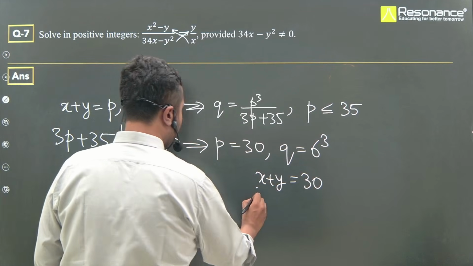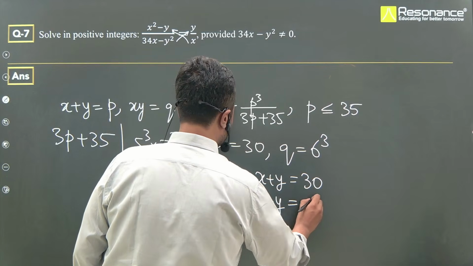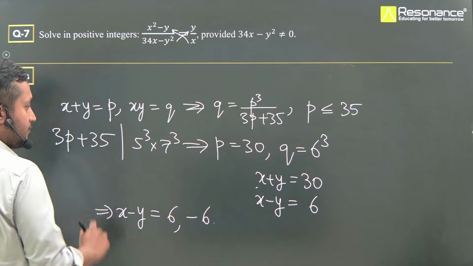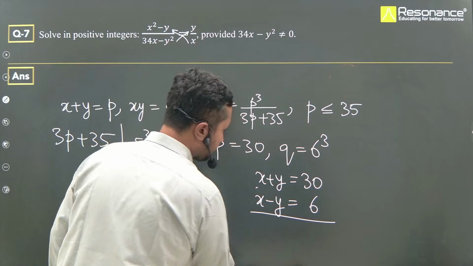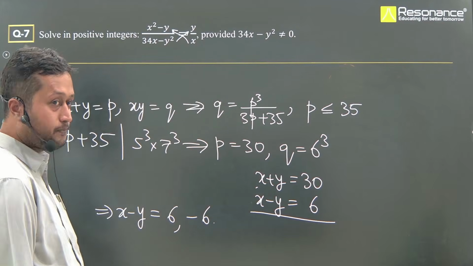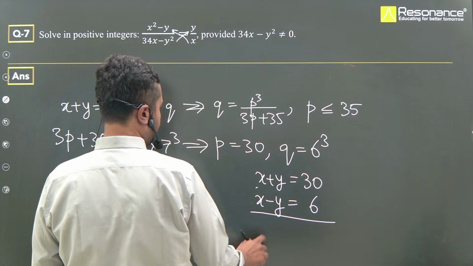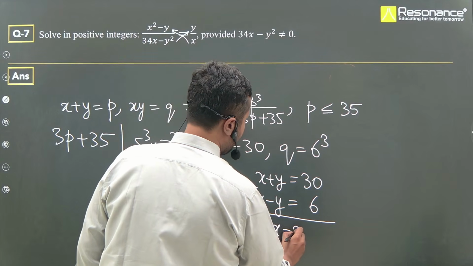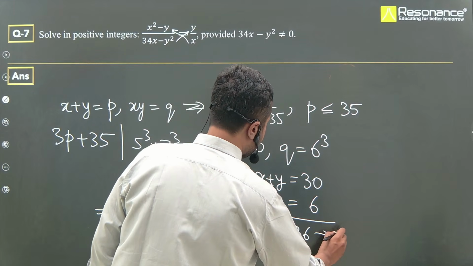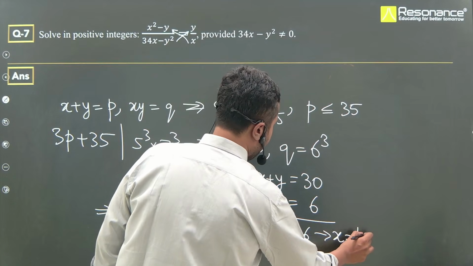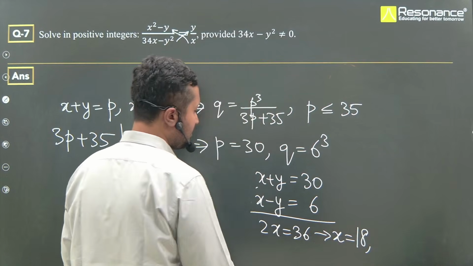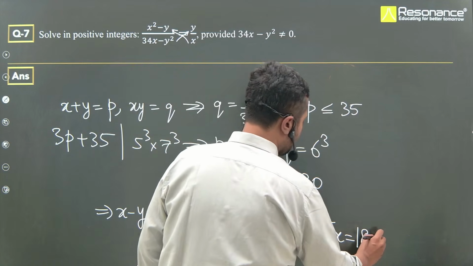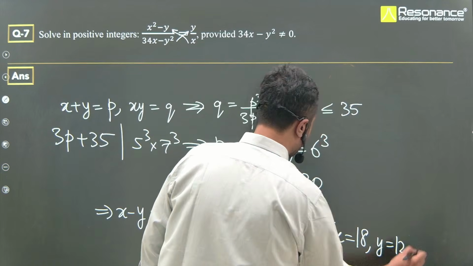And now x minus y is 6. That's the first case. What does that give us? Just add those two equations. 2x is equal to 36, so x is 18. Once x is 18, x minus y is 6, so y is 12.